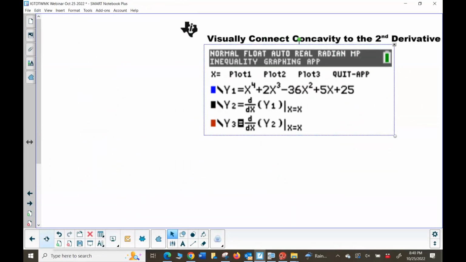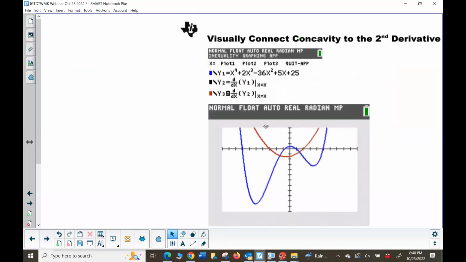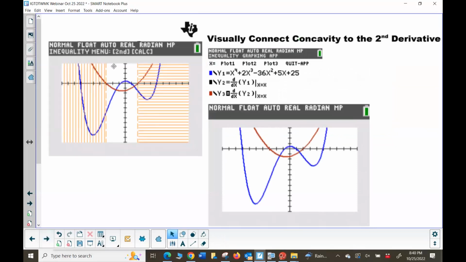And then I went ahead and just graphed the original function in blue and the second derivative in red. And for those of you who teach it, I put in the inequalities and said, right here is where the second derivative is positive, and that's where the function is concave up, smiling. Here is where the second derivative is positive, and again, the function right here is concave up, smiling.